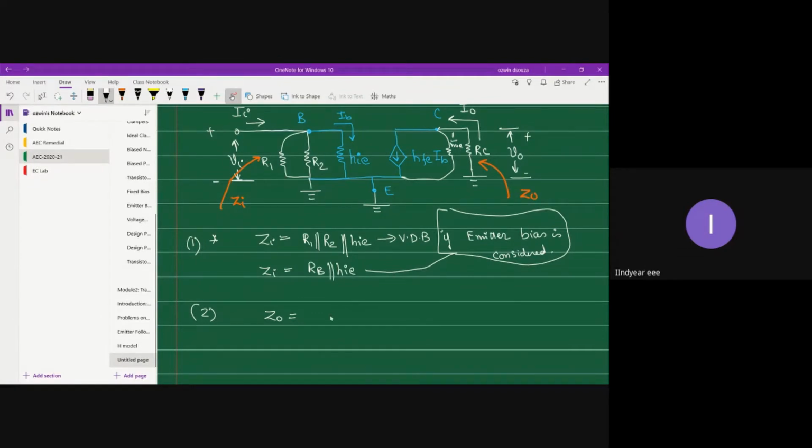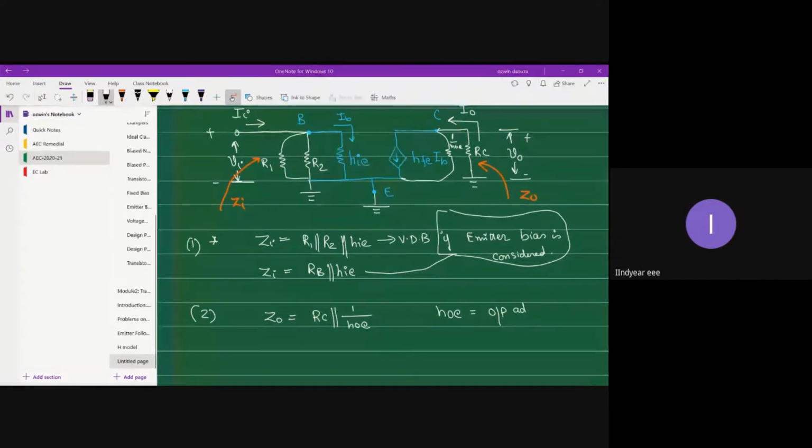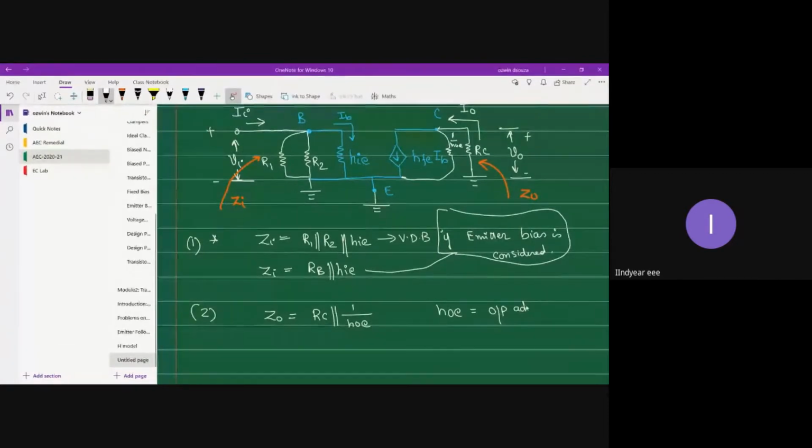So Z0 is basically RC parallel with 1 over HOE. Okay, let me write this. HOE is nothing but output admittance. Okay, it is output admittance. Okay, so that's your Z0.